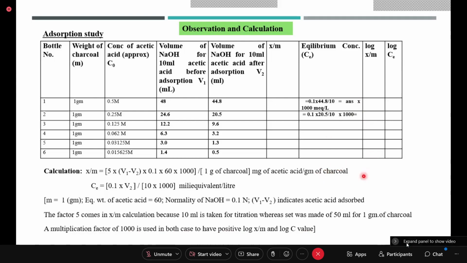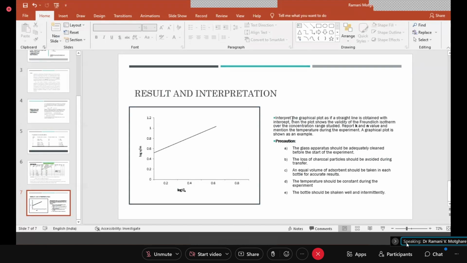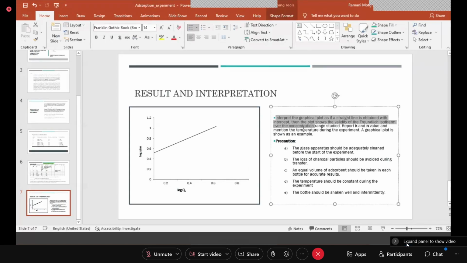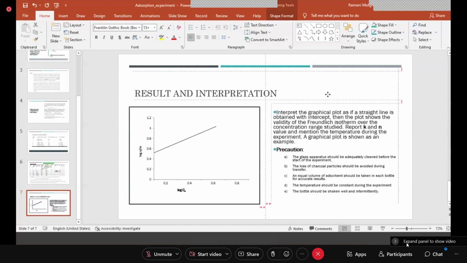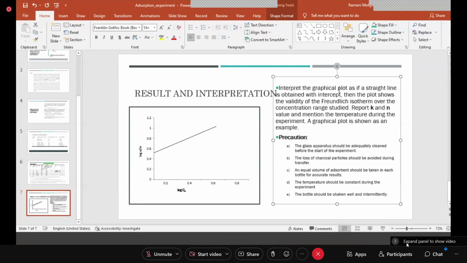Okay, so two graphs you will plot, and one will be X by M versus CE, and the other one will be log X by M versus log CE. So two graphs you have to plot. Okay, interpret the graphical plot as if a straight line is obtained.